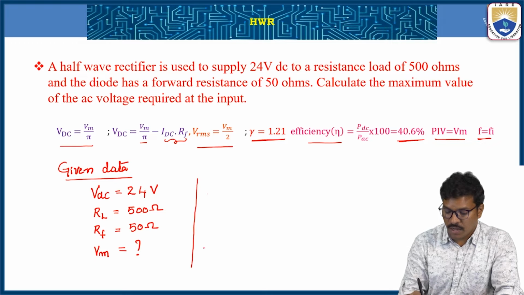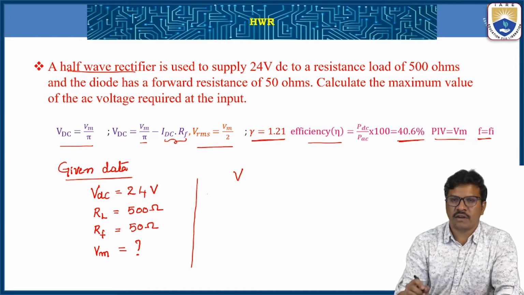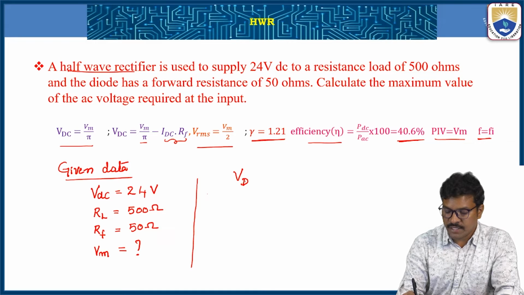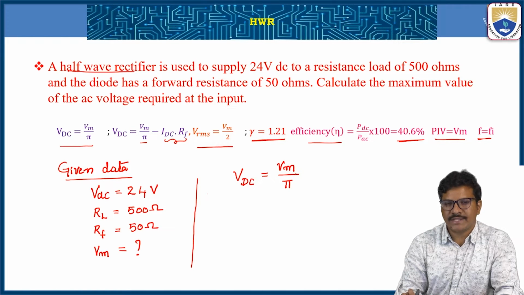We know the formula for a half-wave rectifier: VDC is equal to Vm by pi, neglecting the forward resistance of the diode and the secondary coil.